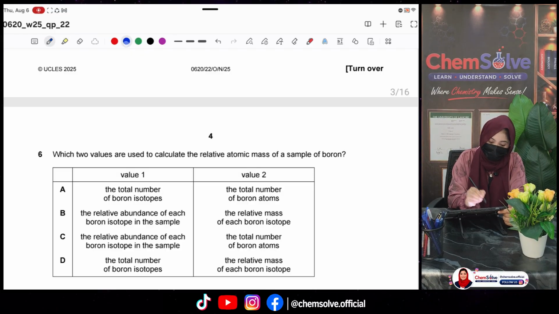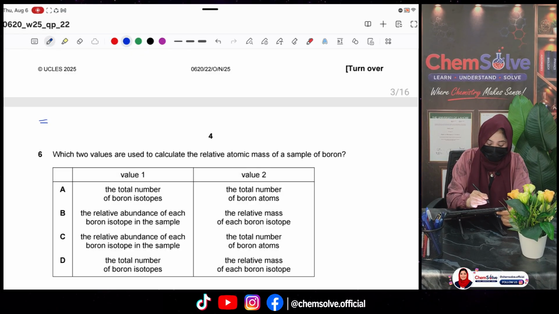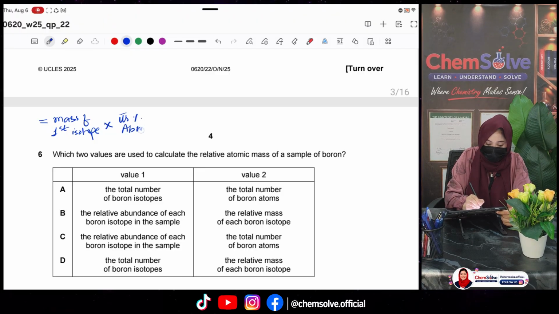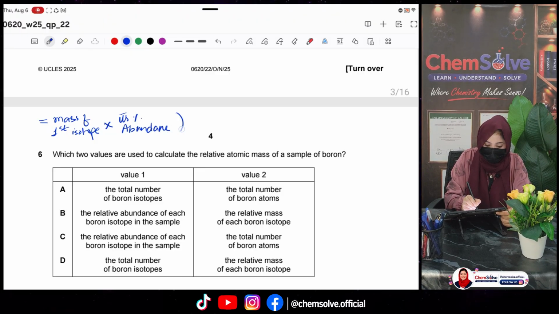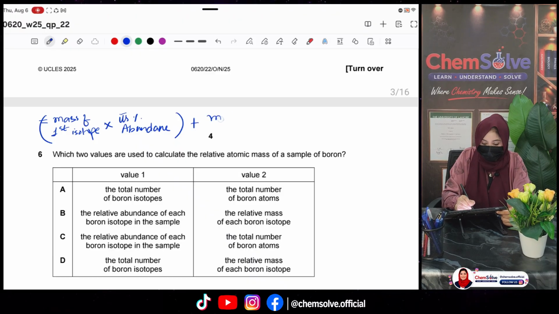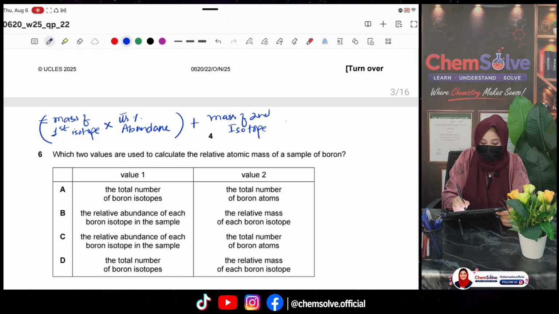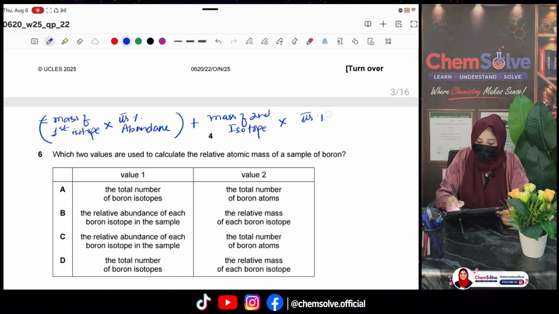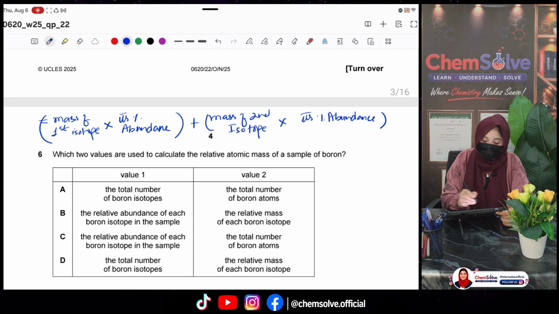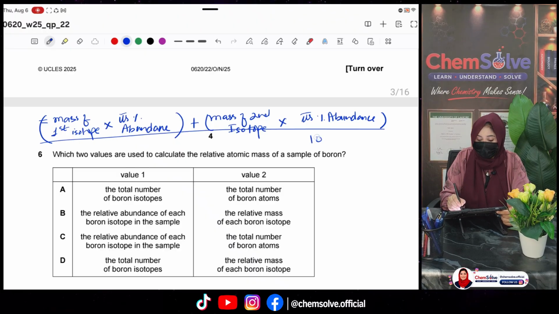We basically take the mass of the first isotope multiplied by its percentage abundance, plus the mass of the second isotope multiplied by its percentage abundance, and so on if we have a third isotope as well, and all divided by 100.